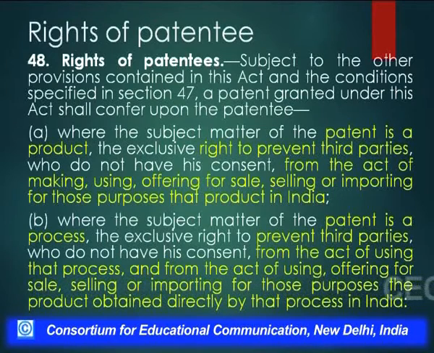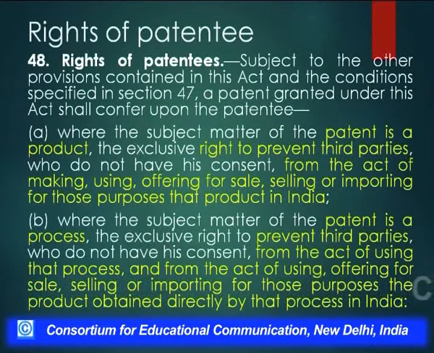If you look at 48B friends, it reads that in the case of the process patent, the right is in the form of an exclusive right to prevent third parties from the act of using that process and from the act of using, offering for sale, selling or importing for those purposes the product obtained directly by that process in India. So the right conferred under 48B is a little different vis-a-vis the product patent right holder given under 48A in terms of what?